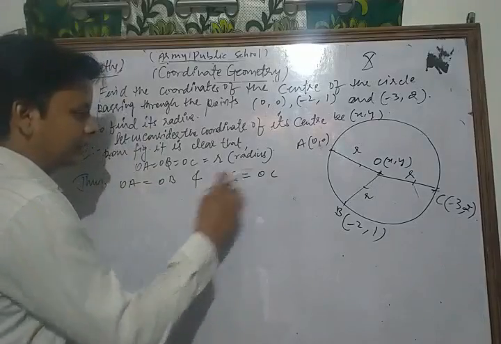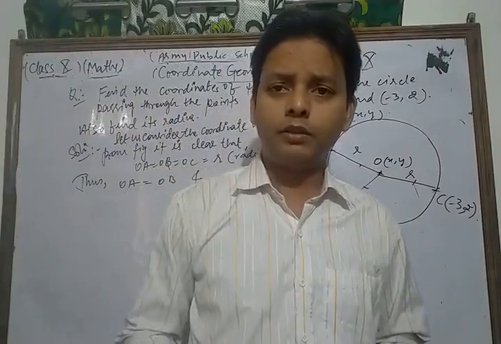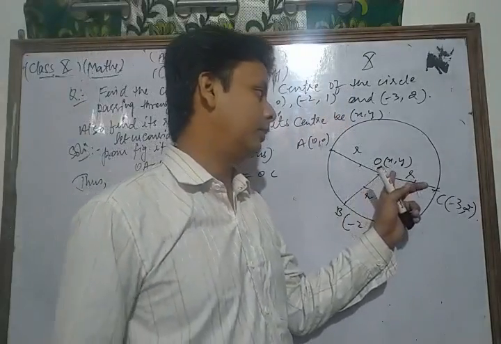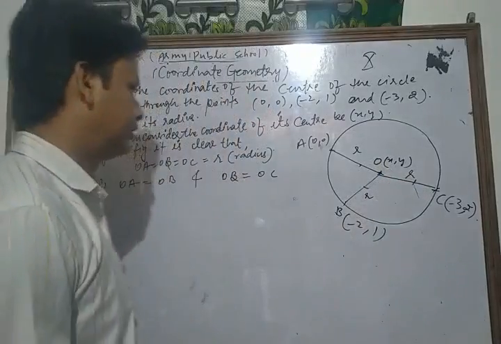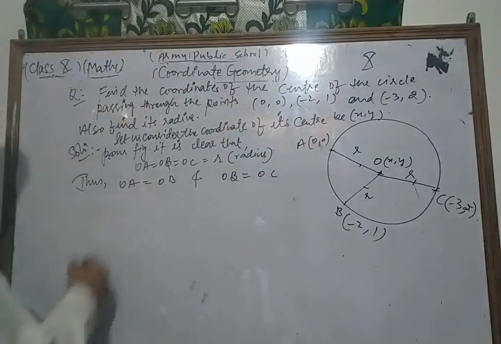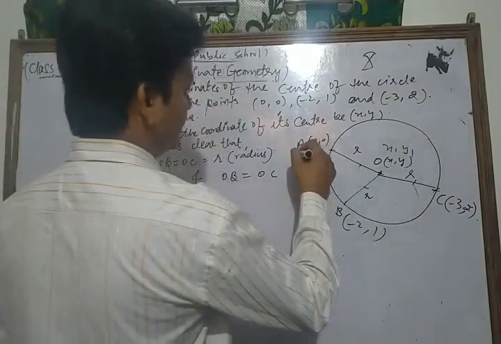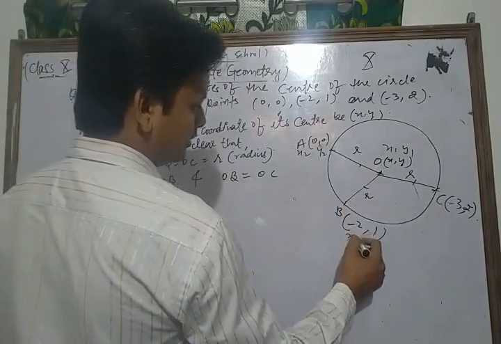We apply these conditions and form two equations, and after solving them we find the values of x and y, and those values of x and y are the required coordinates of the center. Now let's see. First of all we find OA equal to OB. Now suppose this is (x1, y1) and this is (x2, y2).